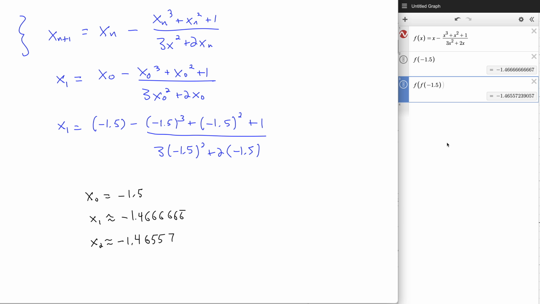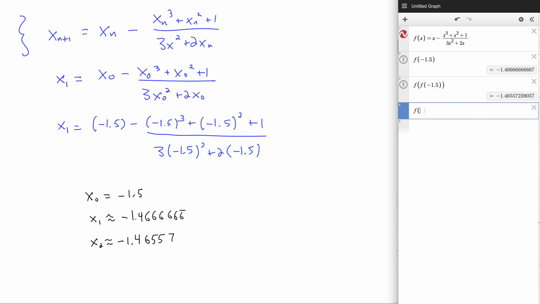Well, we're not agreeing to 5 decimal places yet, so we do it again. I'm going to take f of f of f of negative 1.5, plugging the function in a third time. There are a bunch of ways you can do this. Oh, look at that, we get our agreement now.